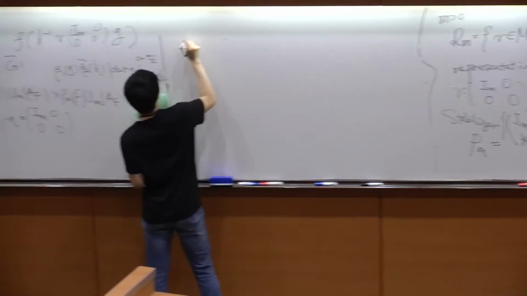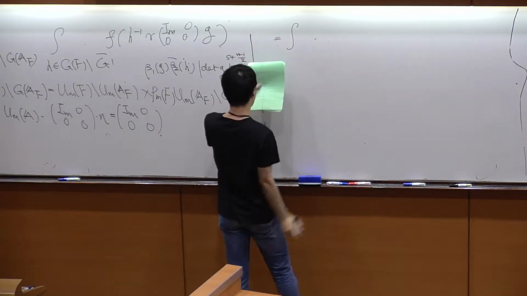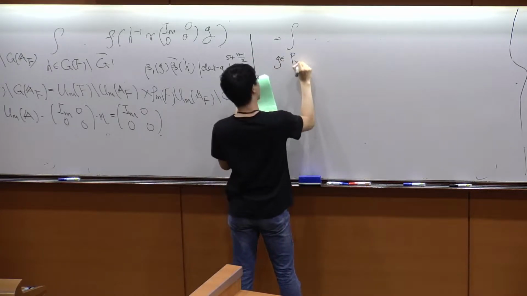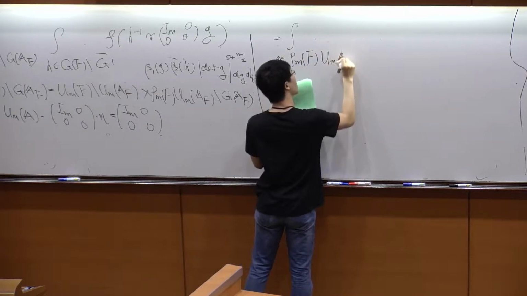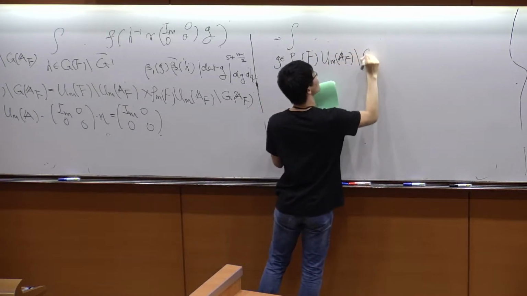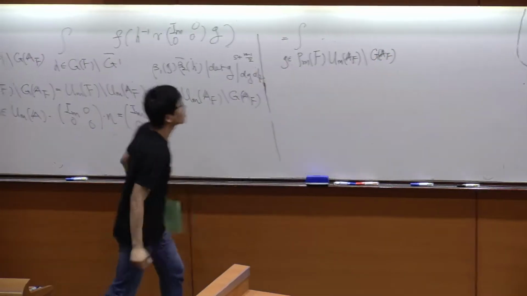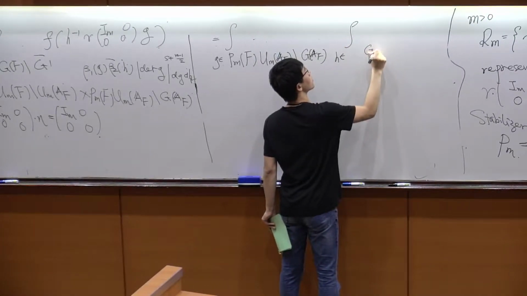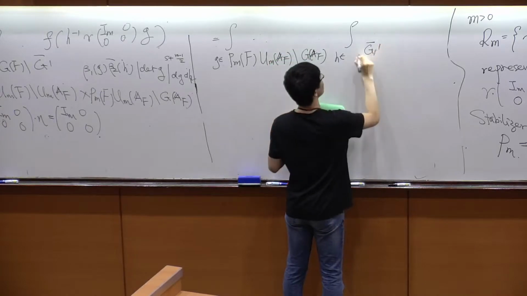Then the integration can be written as follows. So you first run G lies in PM F UM A, and here's GAF. And you run over H lies in the G1 bar over GF.